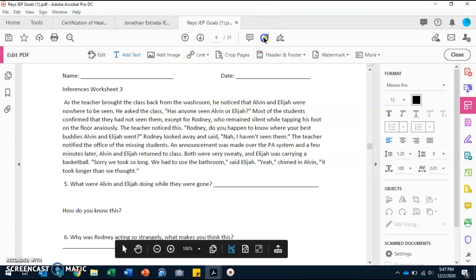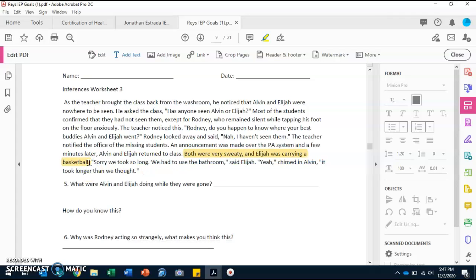So to start off, let's highlight: both were very sweaty and Elijah was carrying a basketball. You can highlight it or underline it, Ray, it does not matter. But that right there is giving us that prediction that, oh, I think they were outside playing basketball.